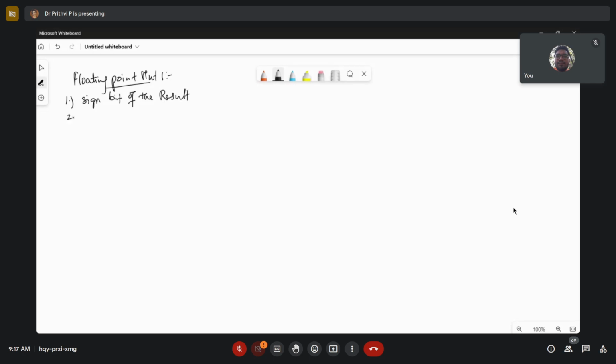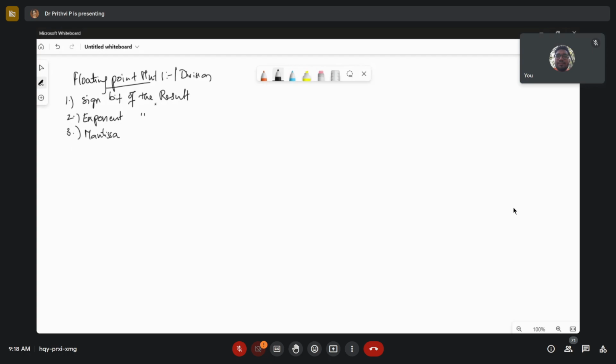Then the second one will be the calculation of the exponent of the result. Next, third one is finding the mantissa. So these three we have to take. For multiplication and division, a minor change will be there. Okay, we'll find what are those things.